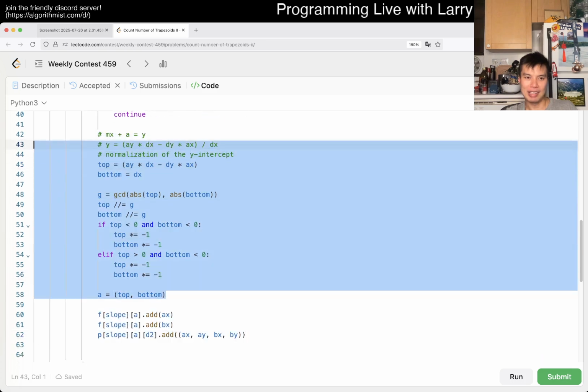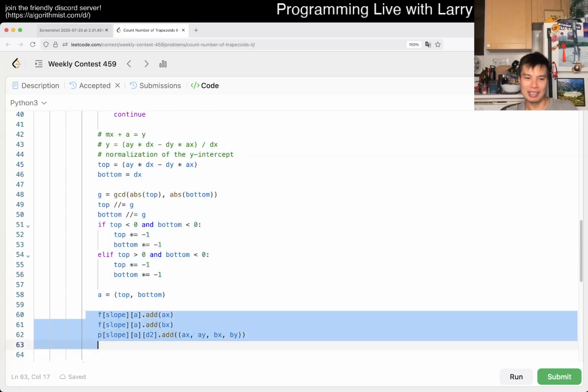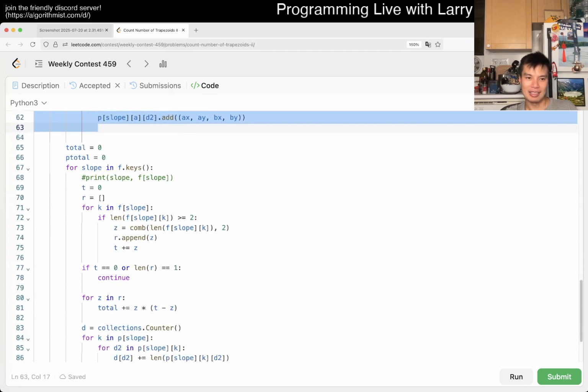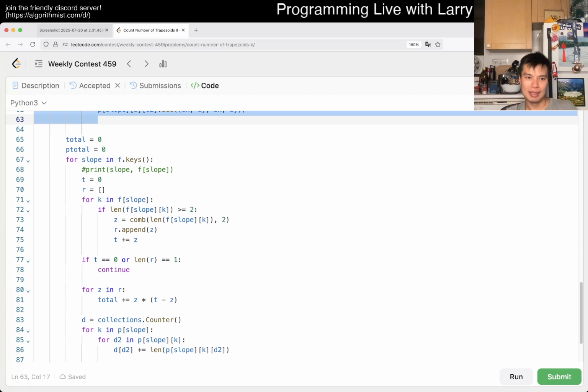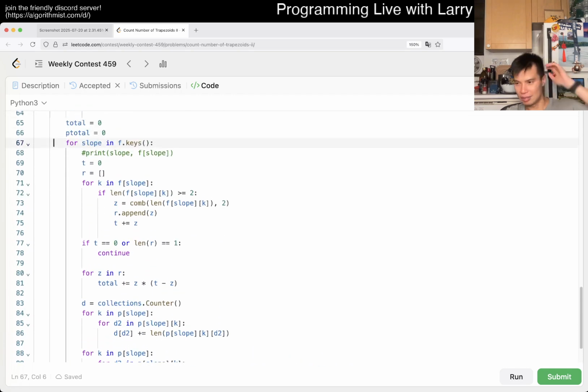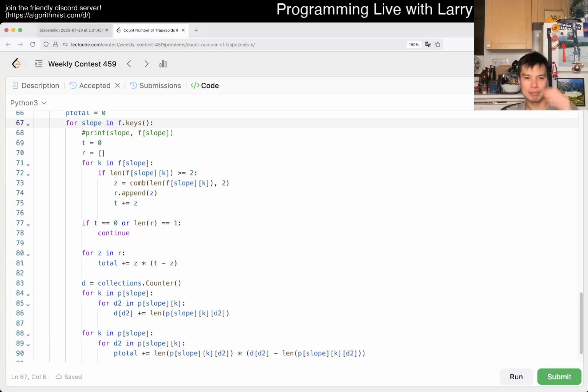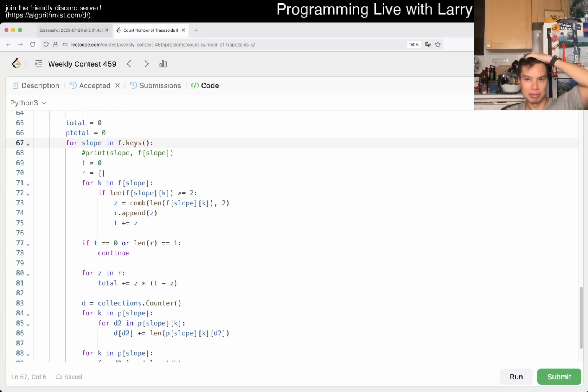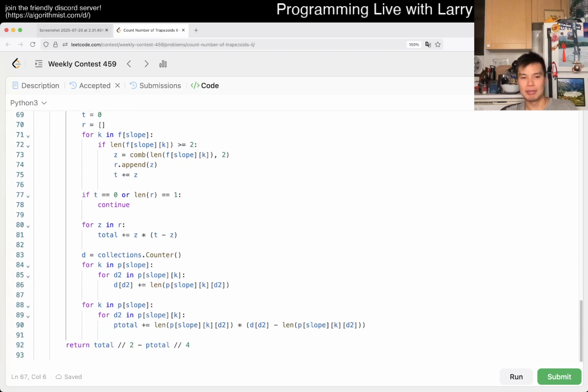Well, this is setting the y-intercept, if you will, and then this is just adding the uniqueness, and then that's it, right? That's it.